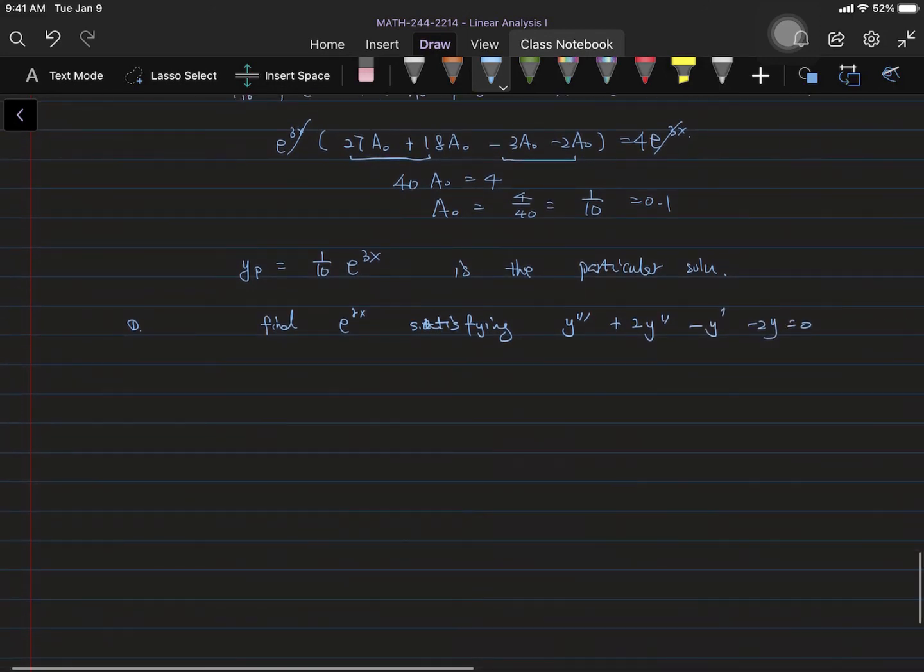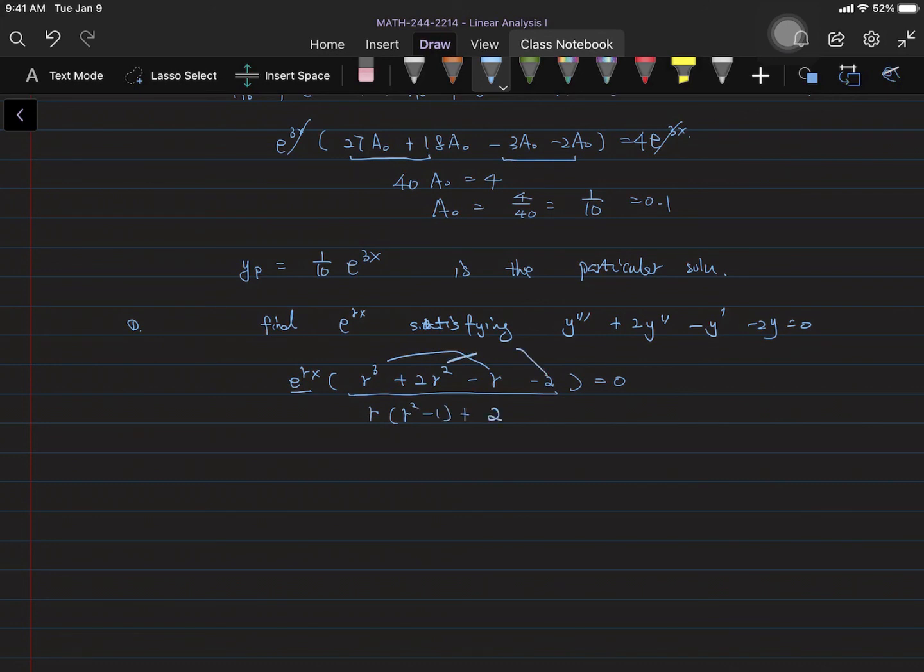When we plug in, same as before, we get r cubed plus 2r squared minus r minus 2 equals 0. And e to the rx doesn't equal 0, so this polynomial equals 0. We want to factor this. I'm going to combine those two terms together and factor r out, and combine the other two terms to get r squared minus 1. You can see they both have r squared minus 1, so r plus 2 times r squared minus 1 equals 0.